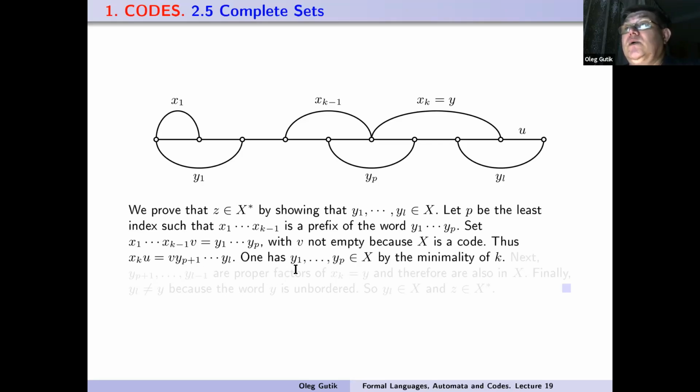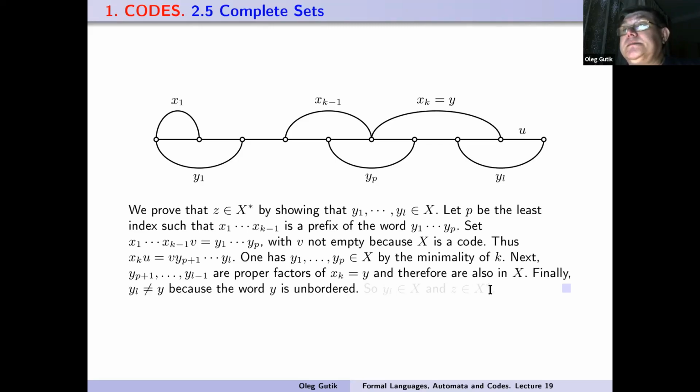One has y1 ... yp belongs to X by minimality of the index k. Next, y(p+1), ..., y(l-1) are proper factors of xk, which is equal to y, and therefore are also in X. Finally, yl is not equal to y because the word y is unbordered.